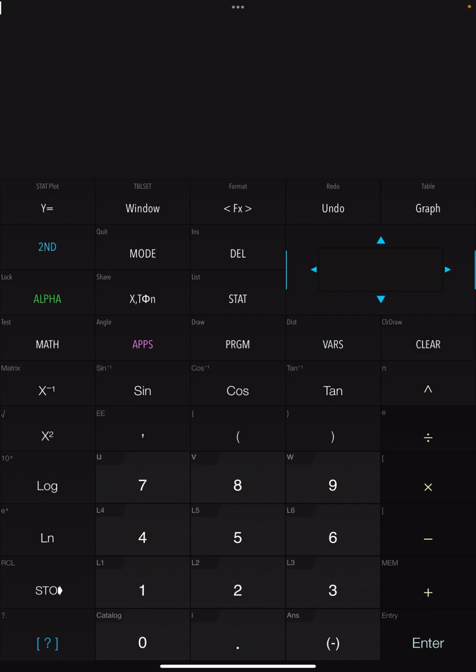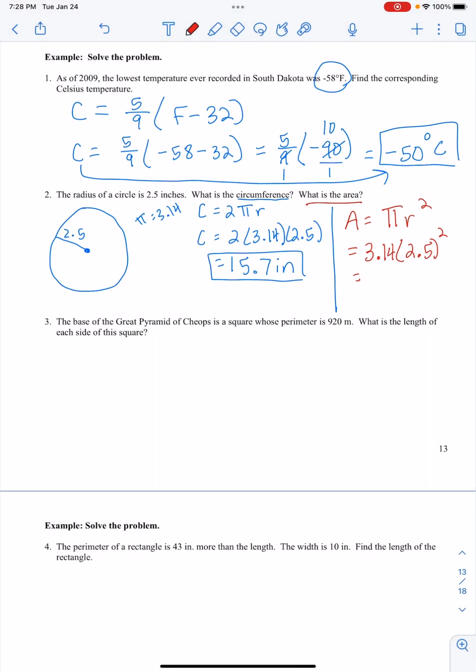And we're going to do 3.14 times 2.5 squared. And we get 19.625. Area is labeled in square units, so we're going to say inches squared.